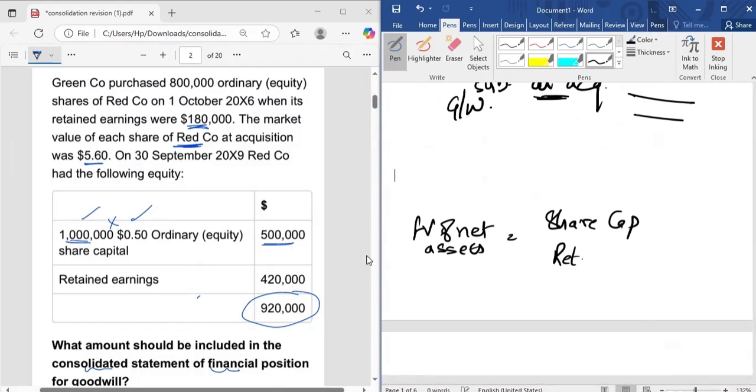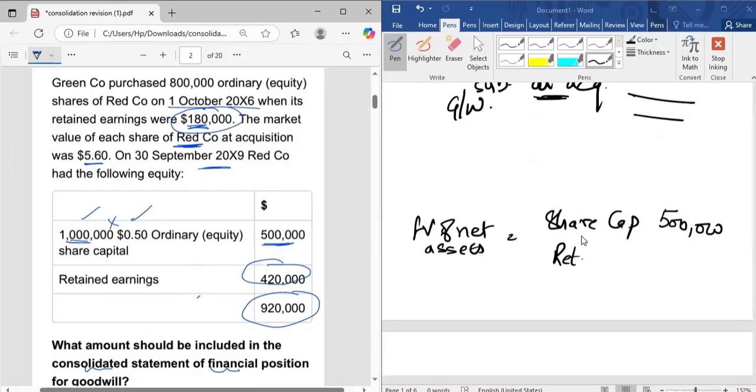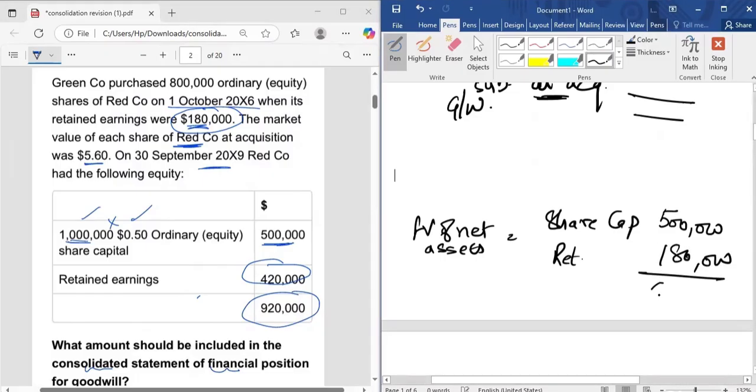Share capital we have is 5 lakh, so here we'll write 5 lakh. Now retained earnings: be very careful that these retained earnings of 4,20,000 are at our reporting date, and we always calculate our goodwill at acquisition, that is, when we acquired. We acquired it on 1 October 2006 when the retained earnings were 1,80,000. So here we'll take 1,80,000. Add them, we'll get 6,80,000. This is our fair value of net assets. There were no fair value adjustments, so we just add share capital and retained earnings to get 6,80,000.